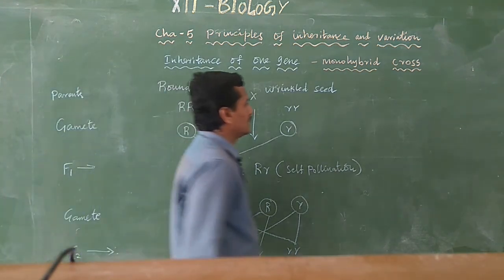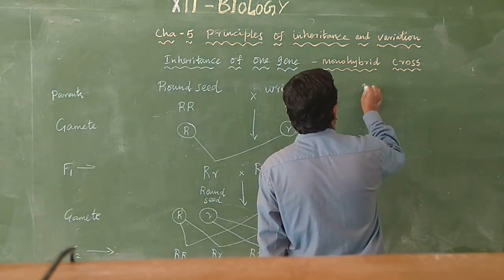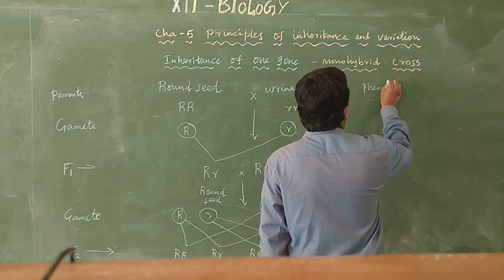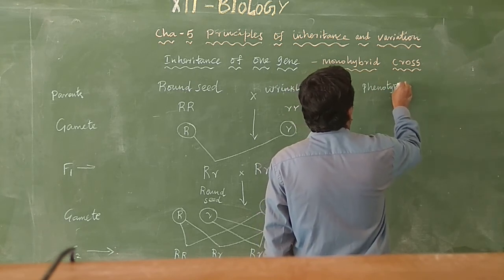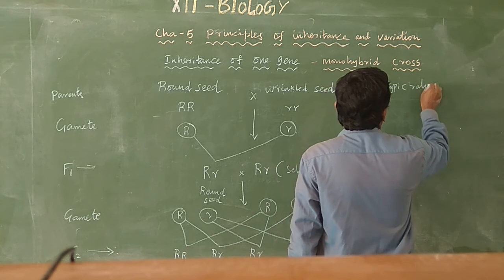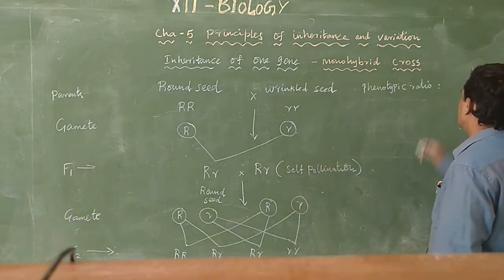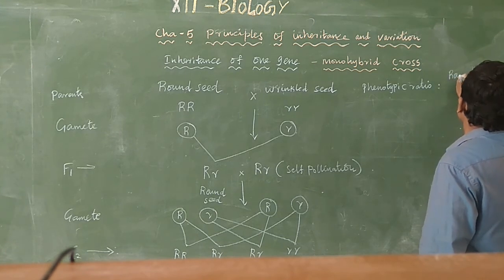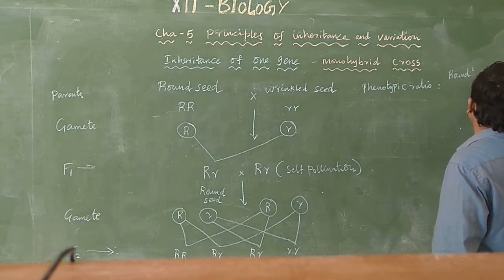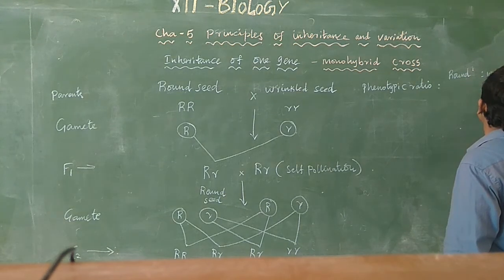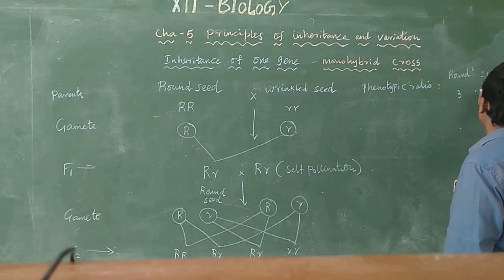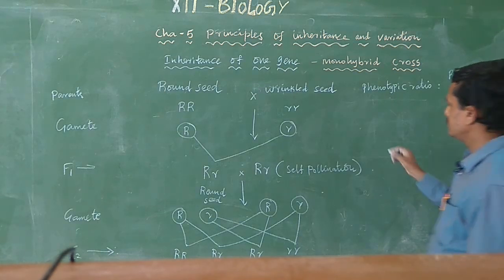Then the phenotypic ratio of the F2 generation: round seeded and wrinkled seeded, round is 3 and wrinkled 1. Then the genotypic ratio.